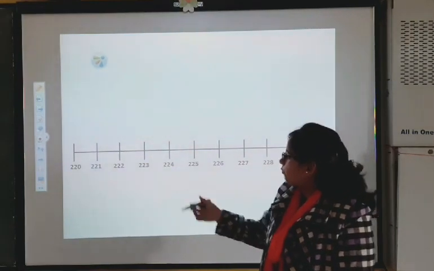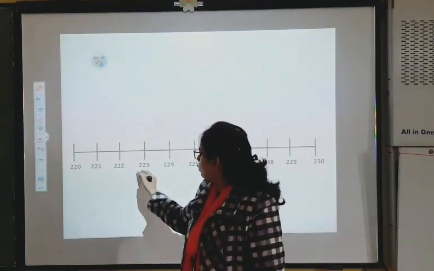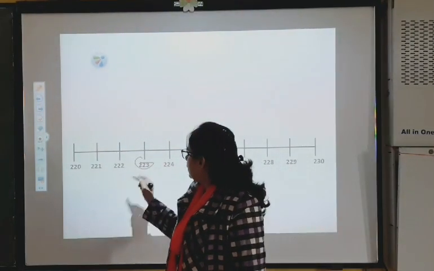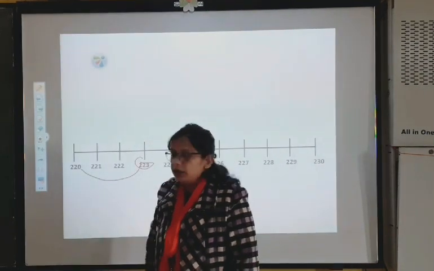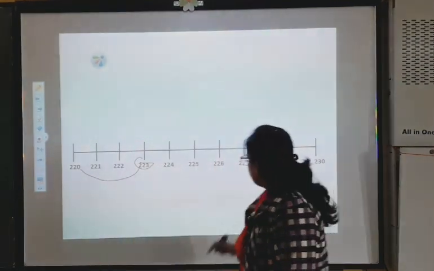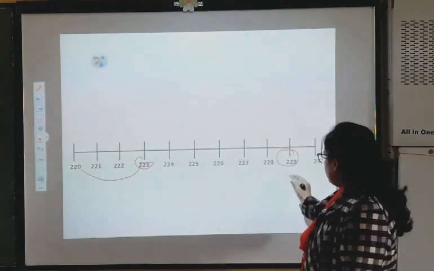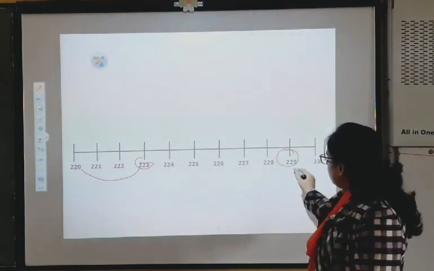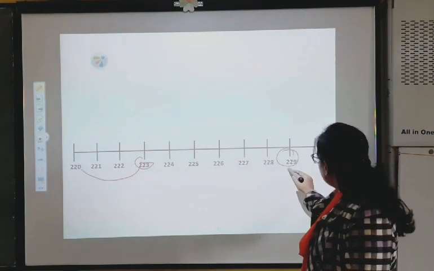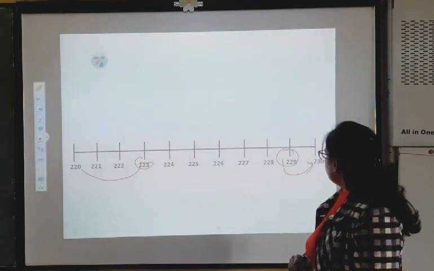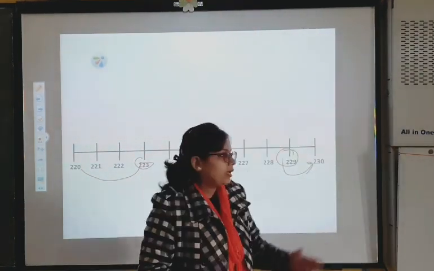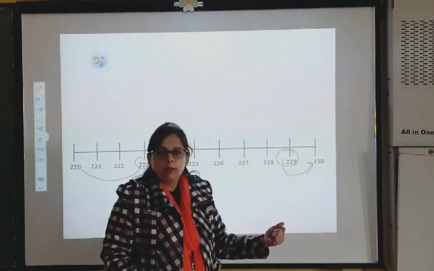As you have seen, when the bill was 223 rupees, the electricity company charged 220 rupees. Now what if the bill is 229? As you can see, 229 is nearest to 230. So they will charge 230 rupees.